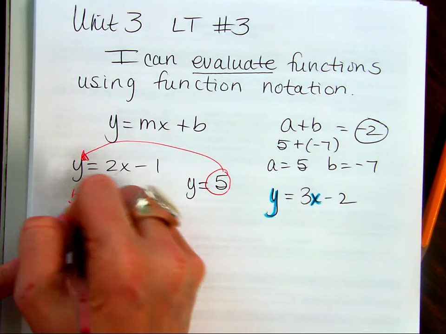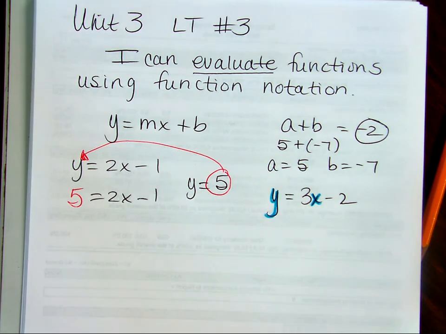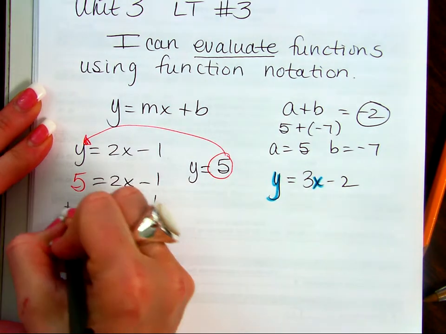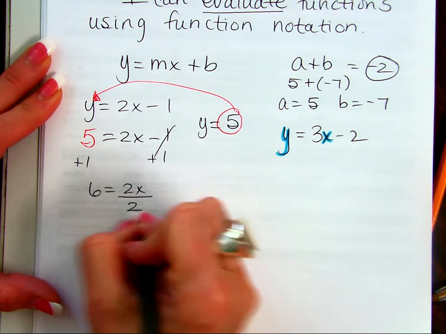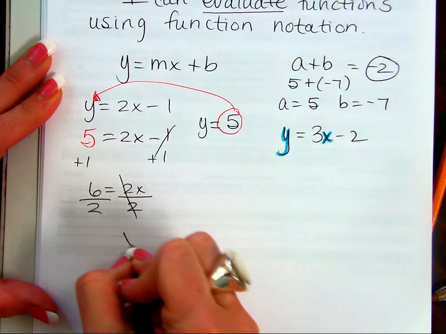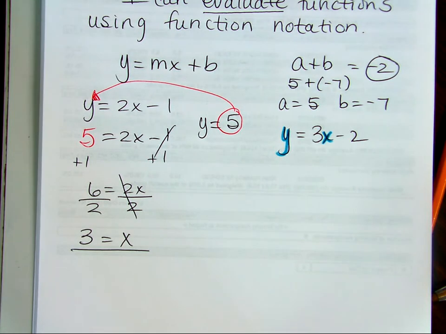So 5 is equal to 2x minus 1. And now I only have one variable, which means solve for it. Add 1, and 6 is equal to 2x. Divide both sides by 2, and so your x value is 3. Not so bad, right? Nothing hard about that.